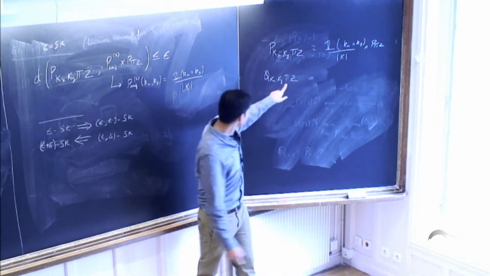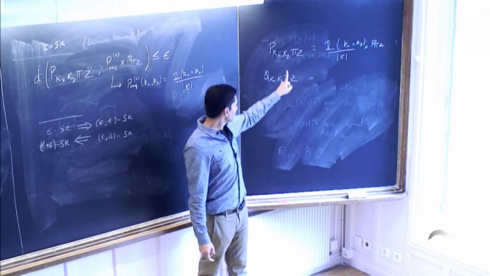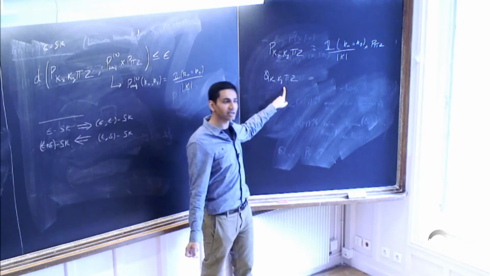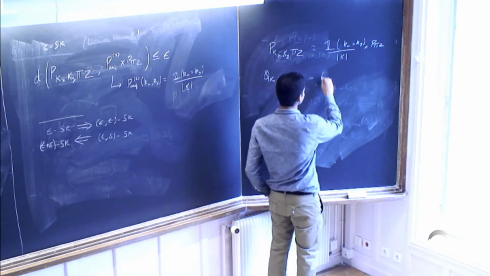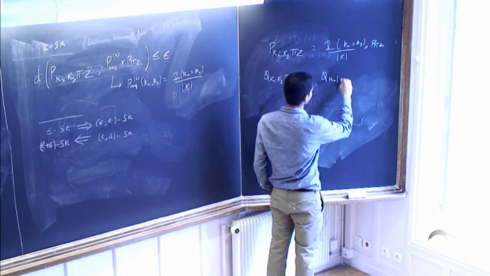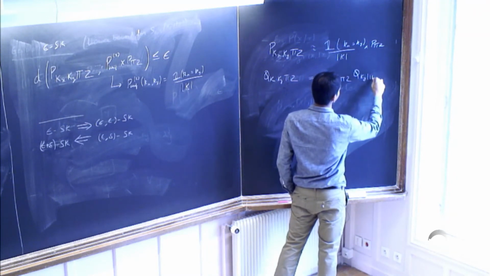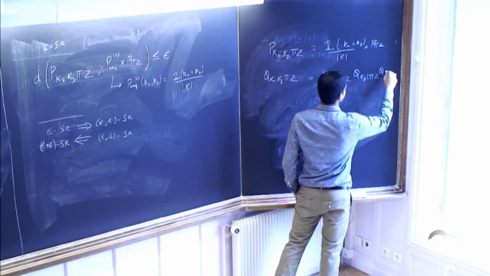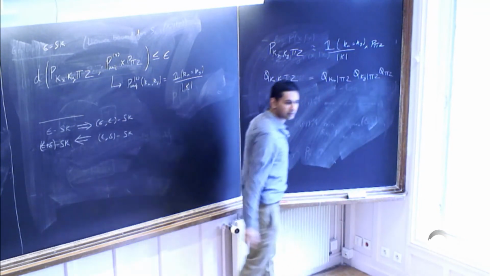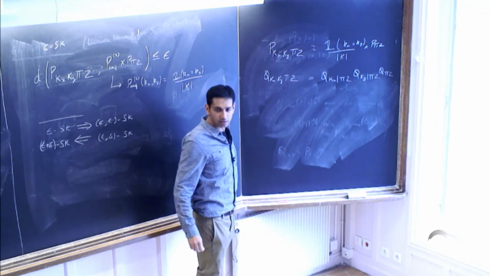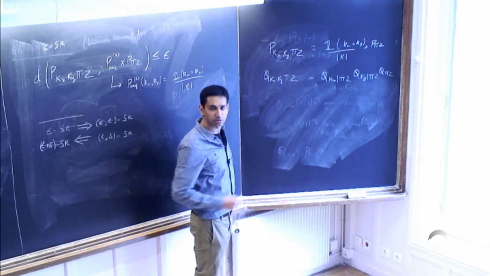So condition on z, x and y are independent. Then conditional additionally on pi, they remain independent. So this distribution has this nice form. Okay, that's the form of this distribution.